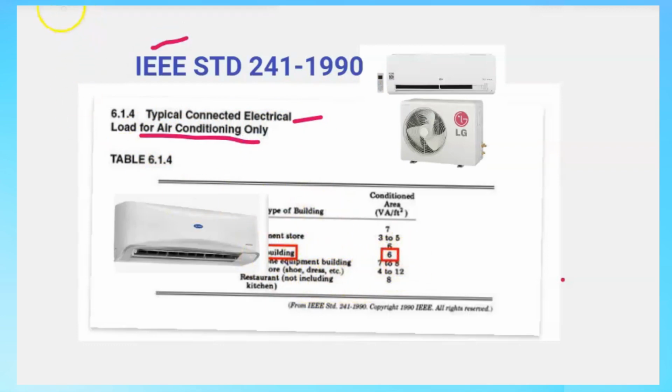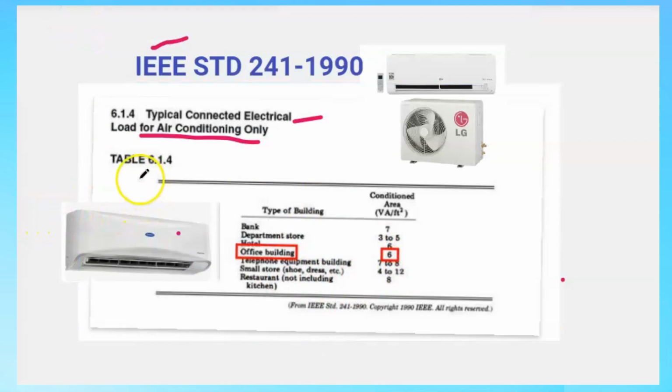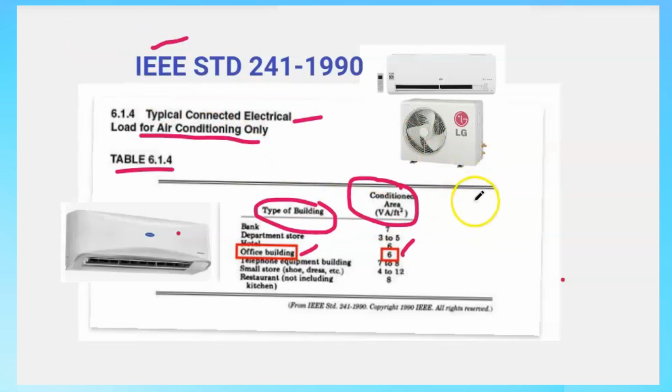And then, from table 6.1.4, we have the type of building. Also, the air conditioned area BE per square feet. It is not in meters, it is in square feet. So, for an office building, it has 6 BE per square feet. So, that will be our reference to determine the load for aircon in our office.